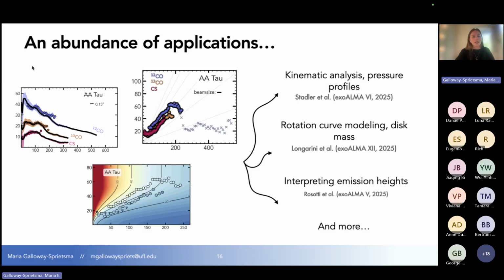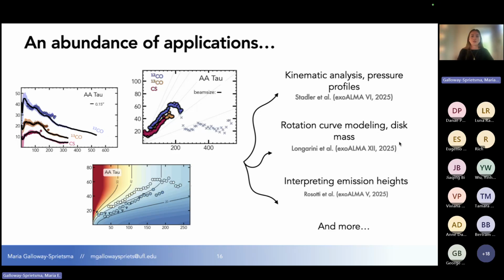So these 3 data products represent the bulk of exoALMA 5. And I think the really exciting thing about these 3 is that while they're relatively simple, there's a huge amount of applications that they can be used for. So some of the things that Rich just talked about include a kinematic analysis and a calculation of the pressure profiles, which Jo Stadler did for his exoALMA project. And this included using the emission surfaces and the temperature profiles to do that more accurately.